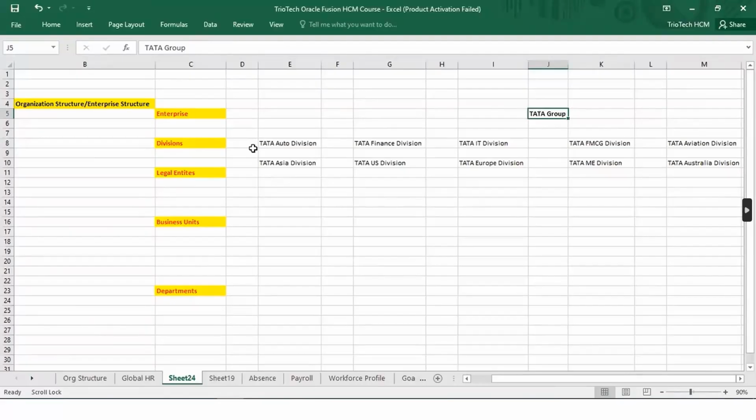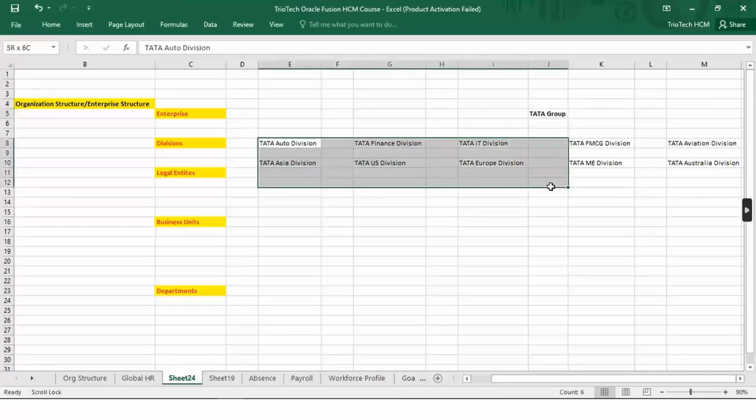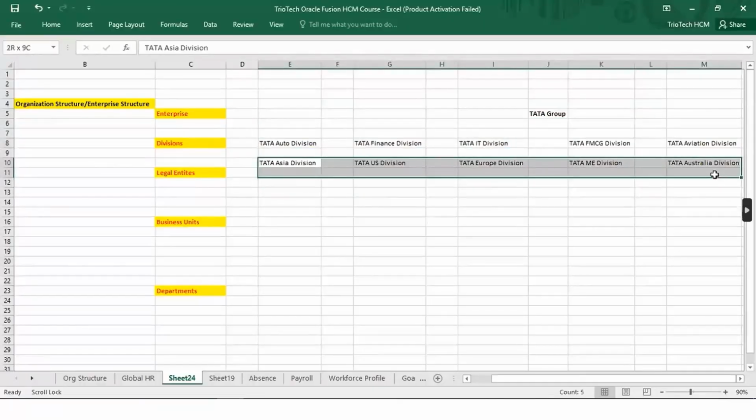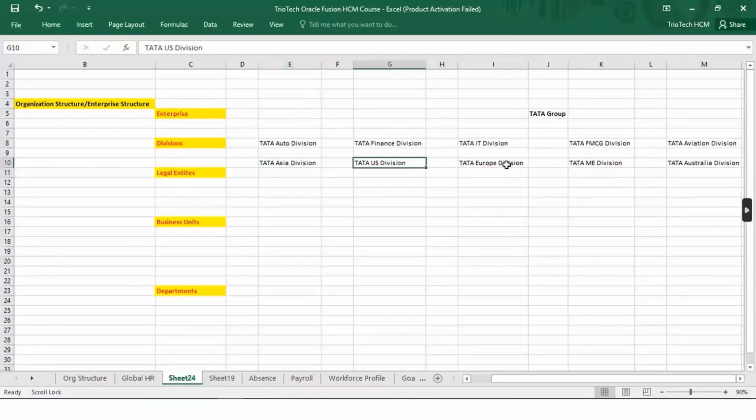How your client diversifying their business for their operational purpose, based upon the industry or the business functionality specific, they have bifurcated their business, or based upon the region or the location wise, they have bifurcated their business, like Asia division, US division, Europe division.